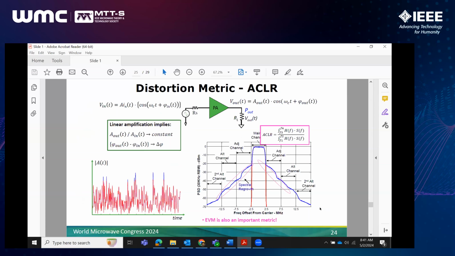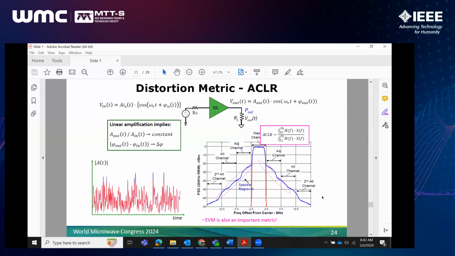In most of these systems, we look at adjacent channel leakage ratio, which is a measure of distortion by applying appropriate modulated signals at the input of the amplifier. So the input signal can be described in terms of the equation shown there as an amplitude modulation A and a phase modulation B. Again, focusing just on the fundamental, there are harmonics as well, but focusing simply on the fundamental term.